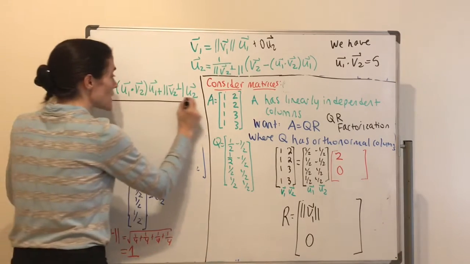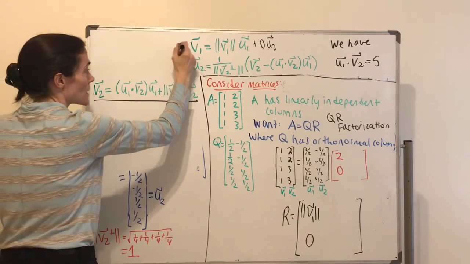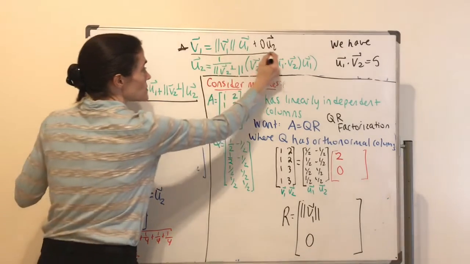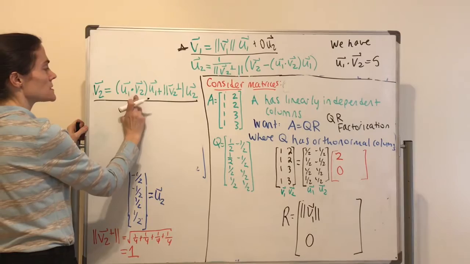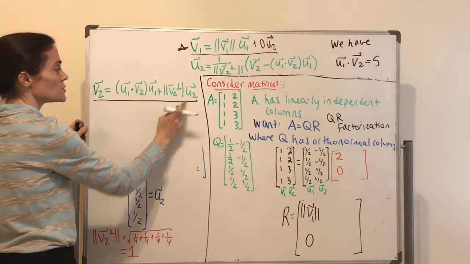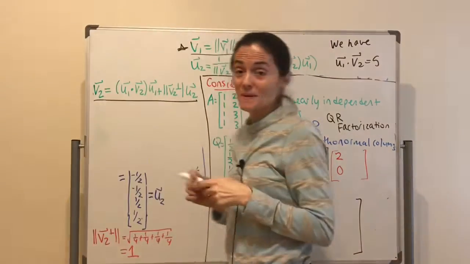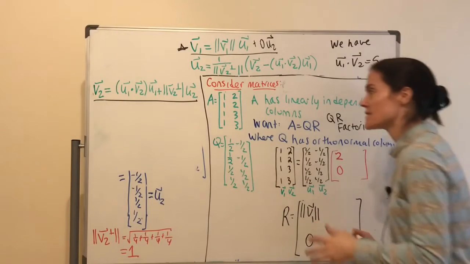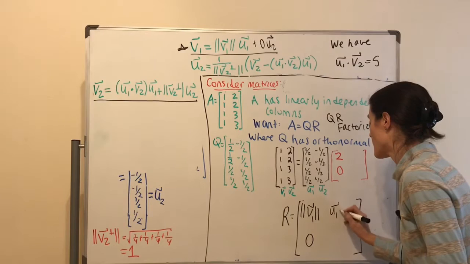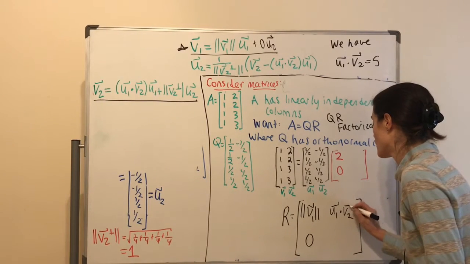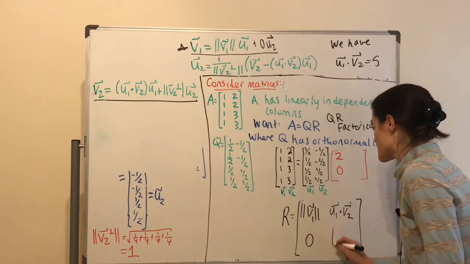So this equation and this one are what I use to find my matrix R. Now what does this say? V2 is this U1 plus this U2. And again, if you think how matrix multiplication works, in this column we would have U1 dot V2 and this length.